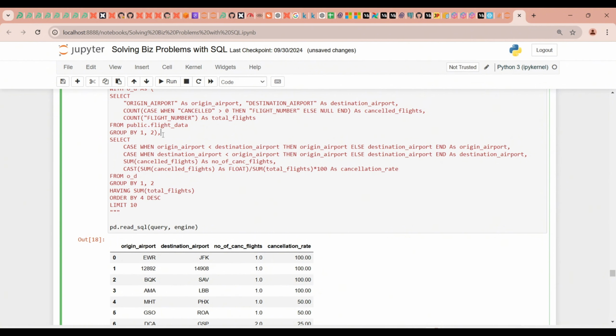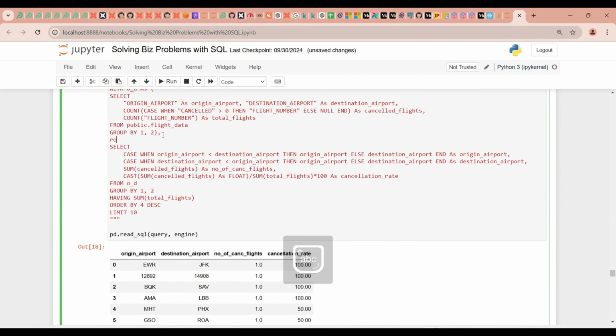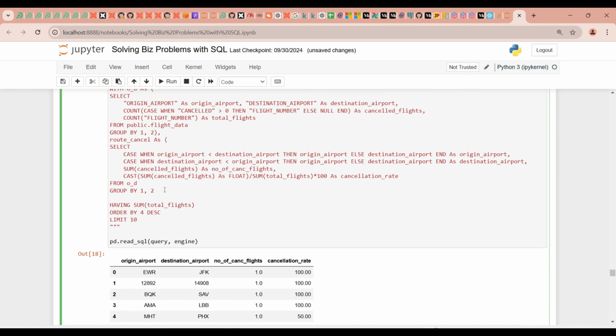So let me alias this first as route cancellation. Let me average it from here. Then let me calculate the cancellation rate first. So this number of cancelled flights, then we now have total flights. From here, let me call this total flights. And why are we doing this?